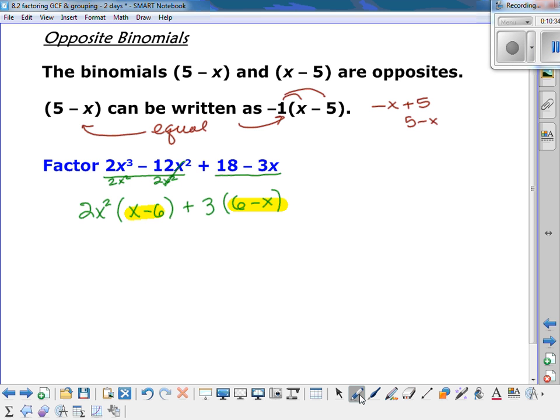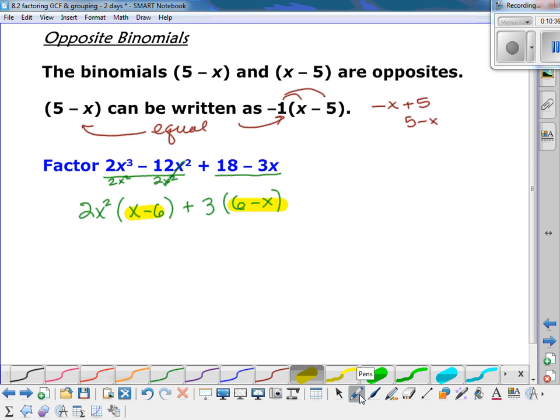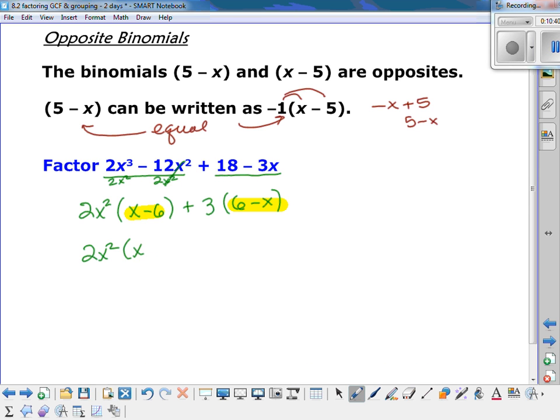Okay, so yeah, what I'm going to do is, instead of the 6 minus x, I have negative 1 times x minus 6, because that negative 1 is what makes it flip around, okay?